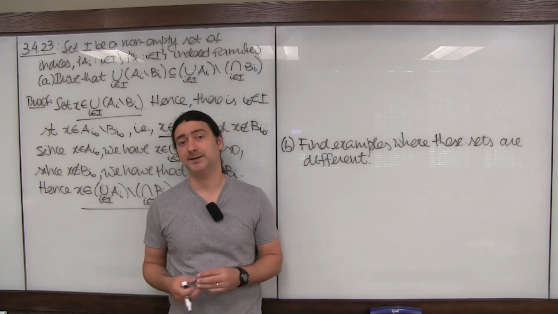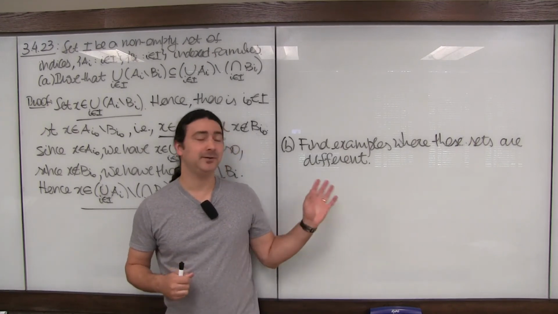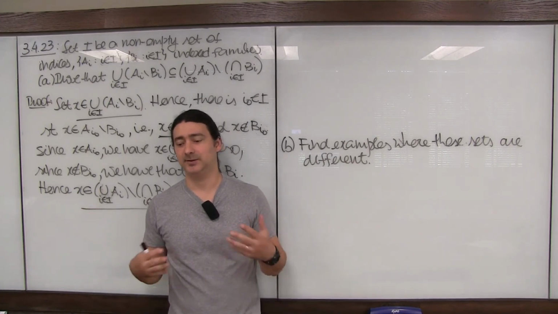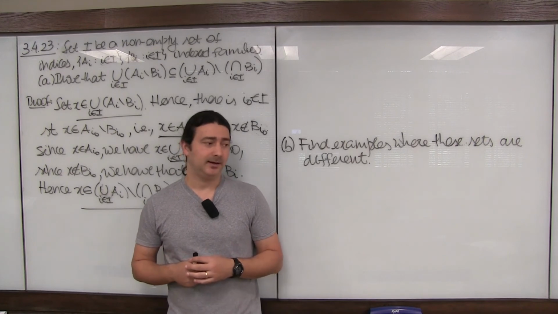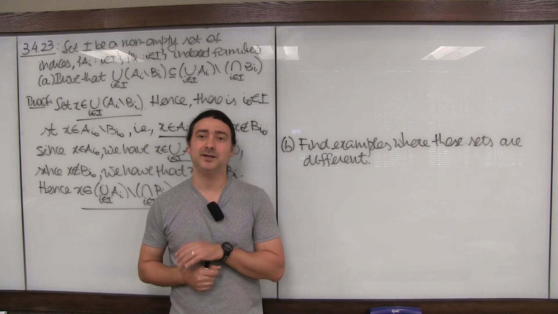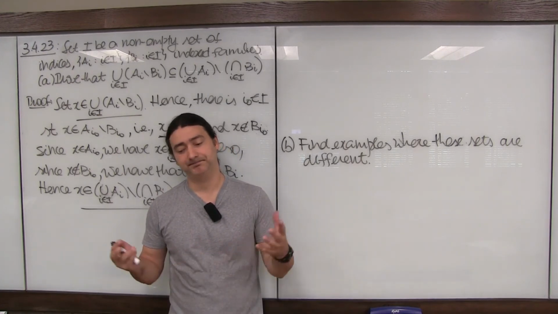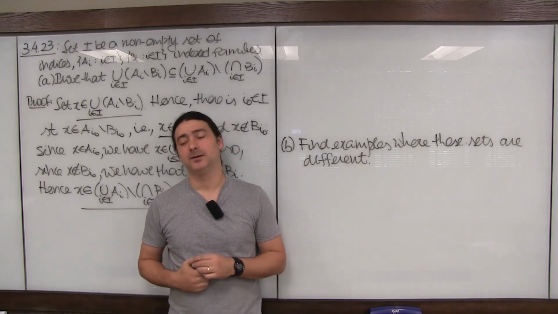You have to come up with an example. On the other hand, this can be hard because it really depends on you having some idea where to go. Unfortunately, I cannot give you much advice on how to come up with these examples or counterexamples, where something fails.